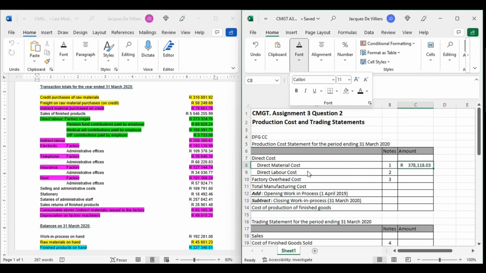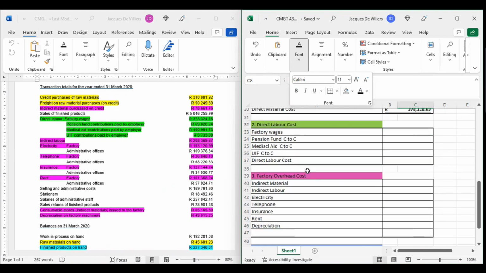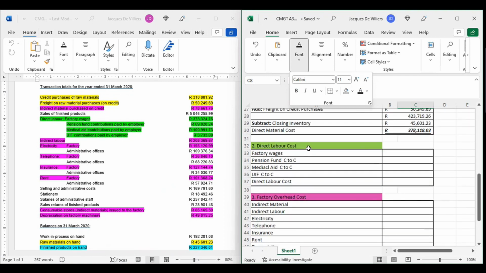Then I look at the second component, which is direct labor cost. Now, when it comes to direct labor cost, I chose green. And the direct labor cost is actually in this question very nicely put out for us. It is specifically given under direct labor as those four components. So nothing difficult here. We simply add the information that relates to direct labor as it is given to us.